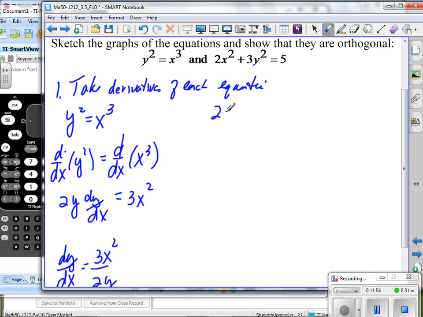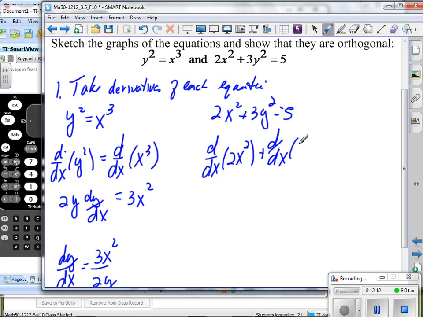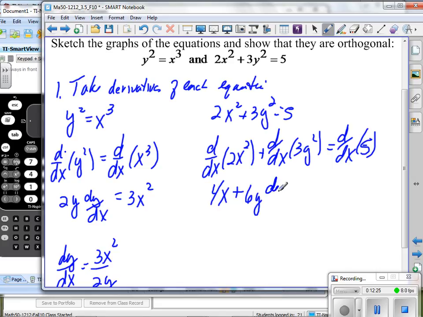So over here with this one, this would be taking the derivative of each term. So I do that plus 6y and then dy dx.